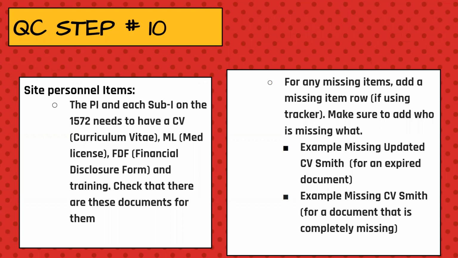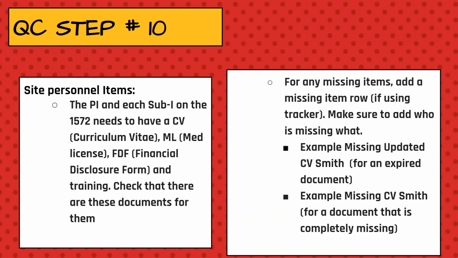And so that document that we saw in the beginning, called the 1572, highlights which institution, who's on the study, and a couple other key pieces of information, such as what lab they're using, right? But you can use that to then identify who's on the study and what you should have.